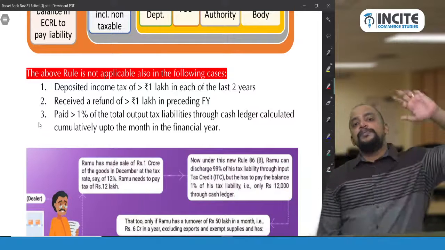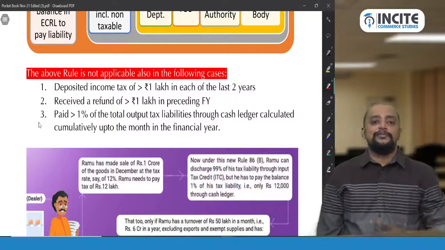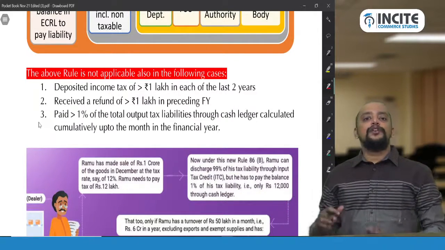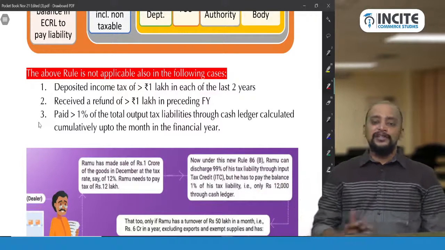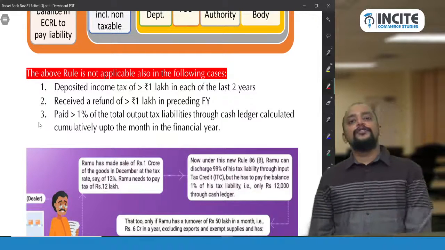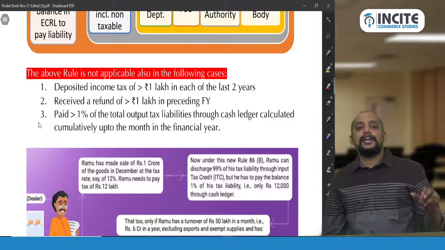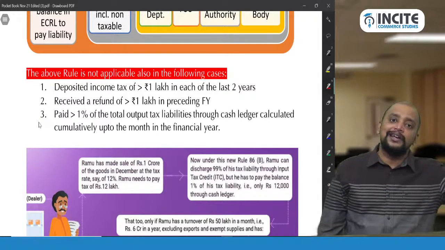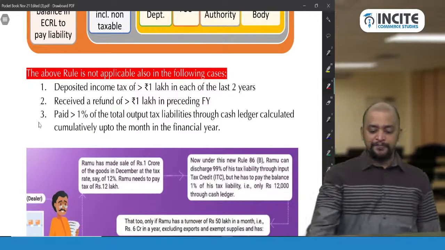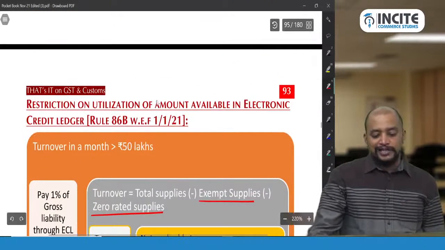For example, the preceding 3 months we paid through the electronic cash ledger, so cumulatively, during the current month also, if you take total liability and total amount paid through cash ledger, and the amount paid through cash ledger is more than 1%, then in that case for the current month you don't have to go for 86B, you can go for normal, that is pay entirely through the credit ledger, whatever you have. Related to this, I gave an illustration in the amendment, so you can check the amendments video related to that. One illustration I have given over there. Okay, so that is this 86B, and this is one important area.